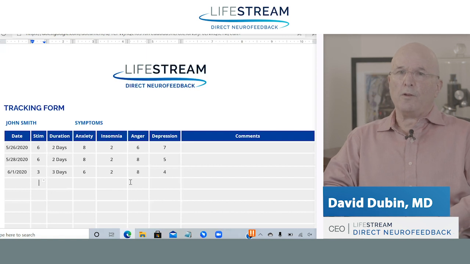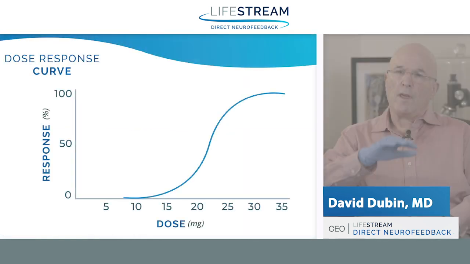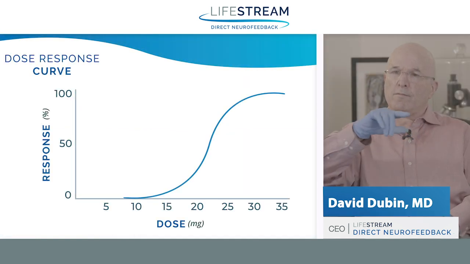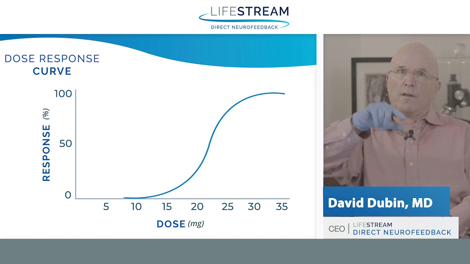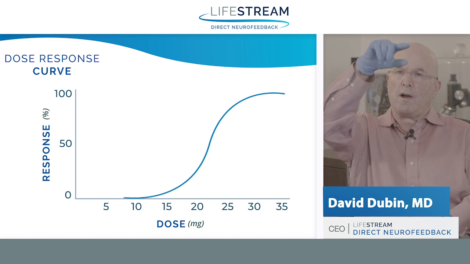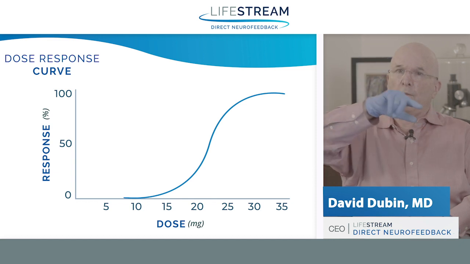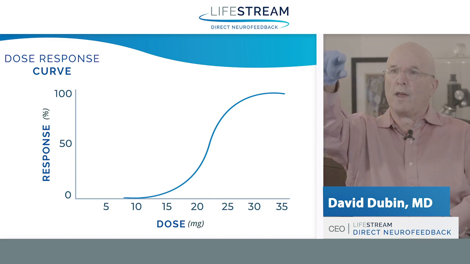There's something called the dose response curve. As the dose gets higher, the response gets higher also. And we have a line, a 45-degree angle. And that's the classic dose response curve.